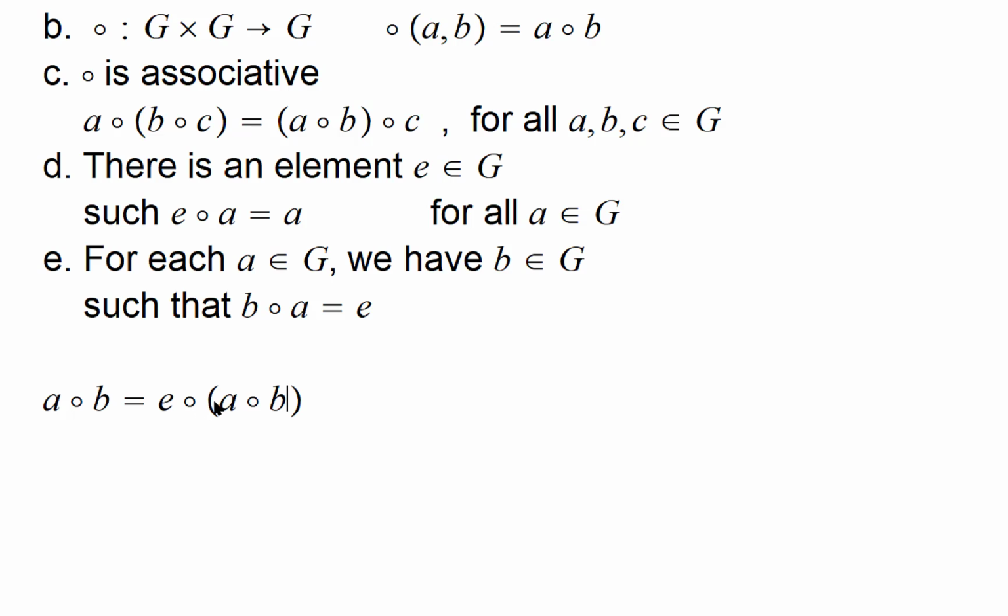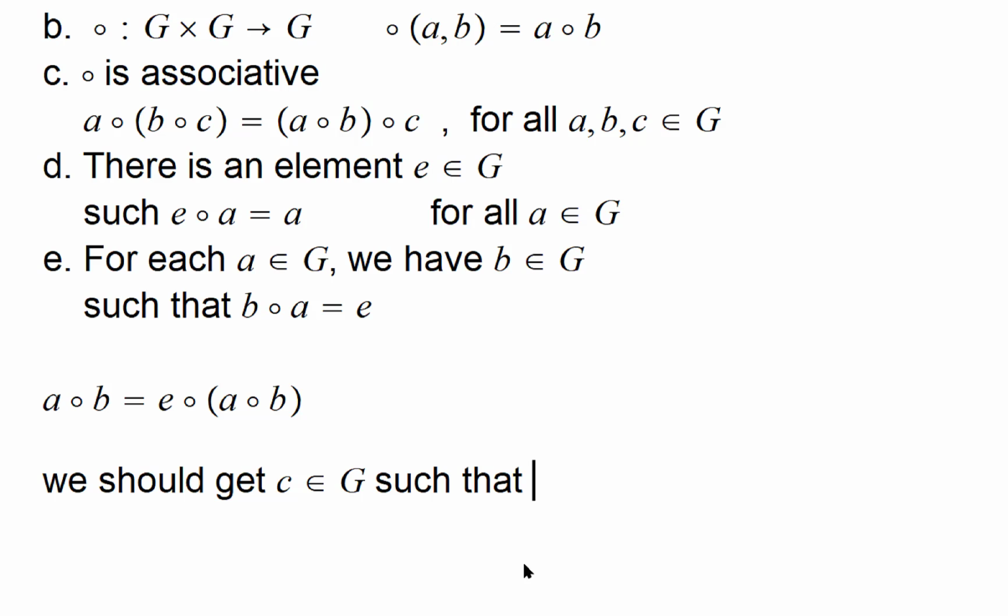Now, remember, for any element we have an element in G such that multiplying it on the left gives E. So we should be able to find an element C in G such that CB equals how much? E.